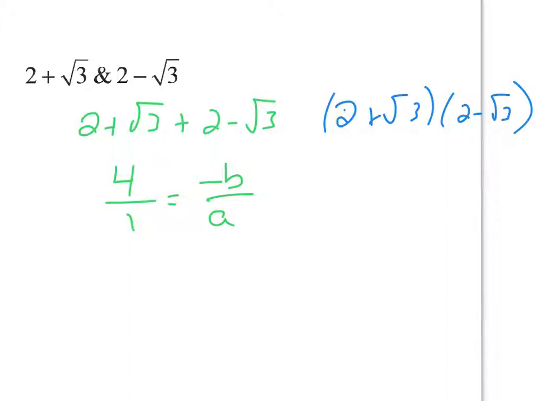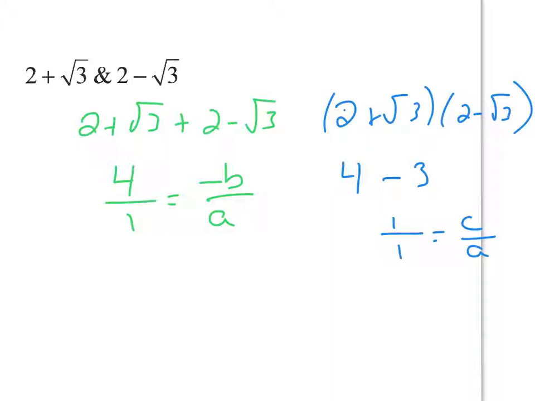So when I multiply these out, I'm going to get 2 times 2, which is 4. My middle terms are negative 2 root 3 plus 2 root 3, which cancel out. And then I'm going to get plus root 3 times negative root 3, which is minus root 3 squared, which is 3. So when I multiply these, I have 4 minus 3, which is 1. So 1 over 1 is equal to c over a, the product of my roots.